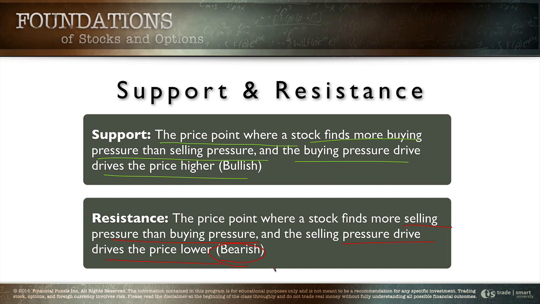If you learn these two key concepts that I'm going to be teaching you through the rest of the evening, you will be able to take a stock you've never looked at before, and within just 15 or 20 minutes of working with it, you'll be able to identify where the buying and the selling pressure is going to build. It's not based on fundamental data. It's based on human sentiment.